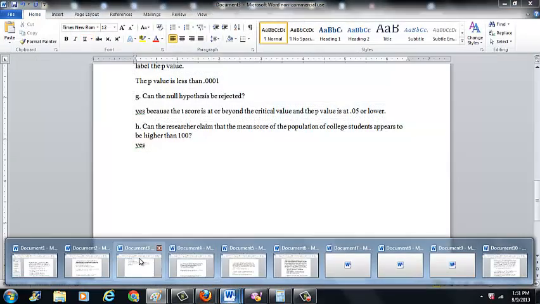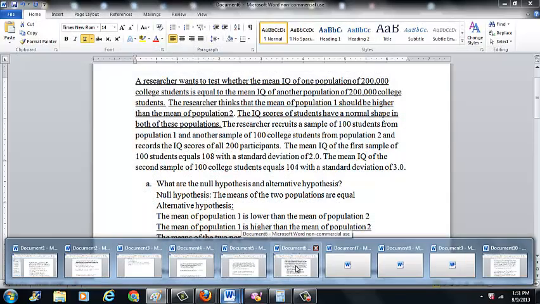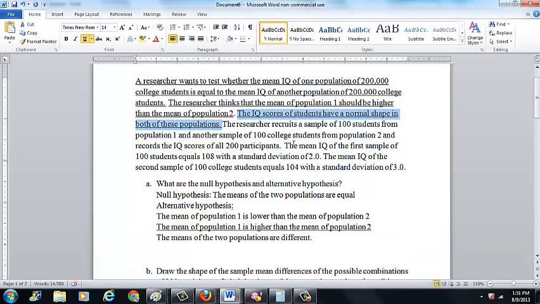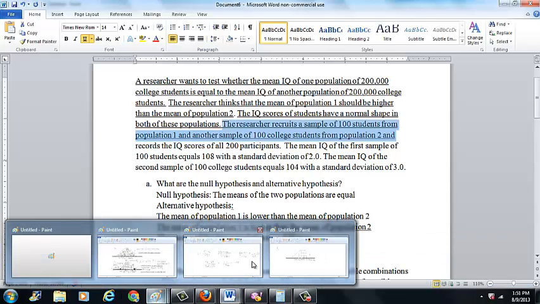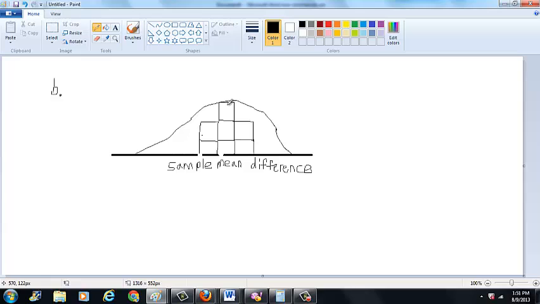How many? We have 100 people in the first sample and 100 people in the second sample right here. We've recruited a sample of 100 from population 1 and a sample of 100 from population 2, which means each of these will actually look like this. You can put a dotted line in here and put 100 inside each of these.